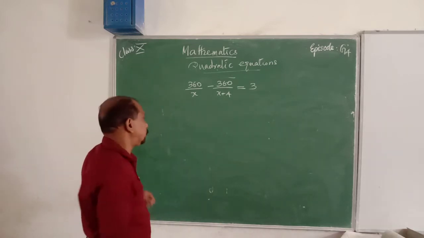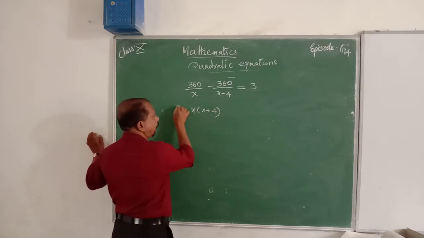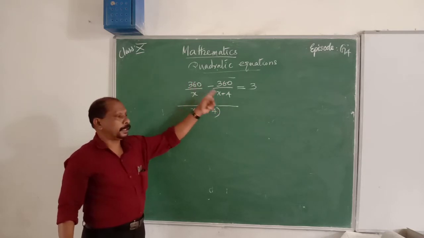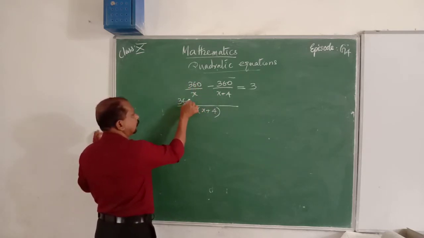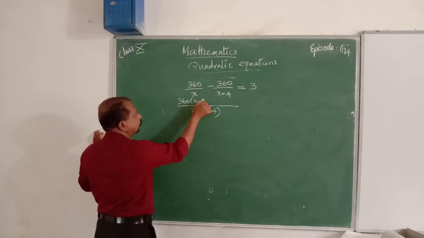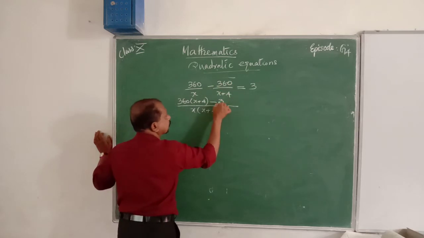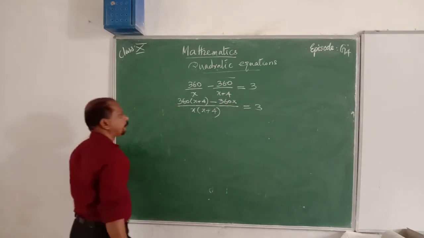Then take LCM on the left side. That is x into x plus 4 upon. Then x plus 4, that is cross multiplication. x plus 4 goes to 360. So 360 into x plus 4 minus 360x is equal to 3.